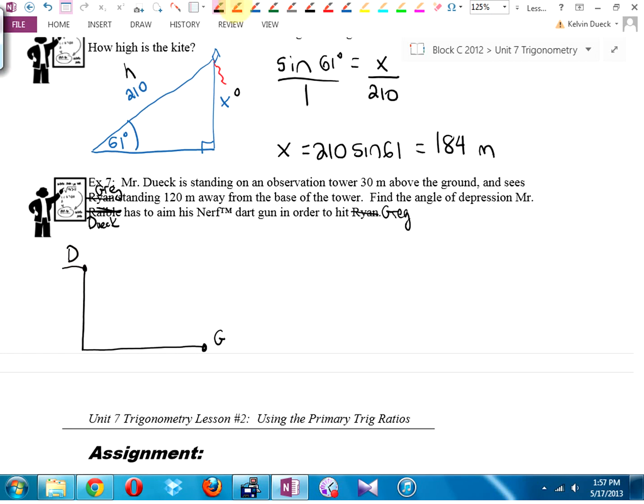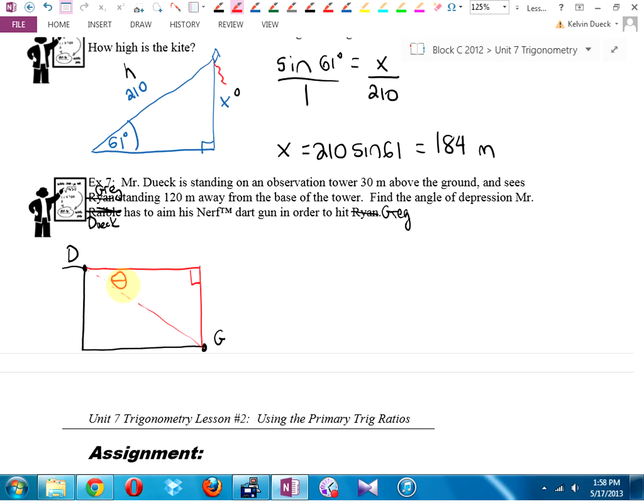Now the angle that they want me to find is this one, and I'll use the Greek letter theta. That's the angle of depression.